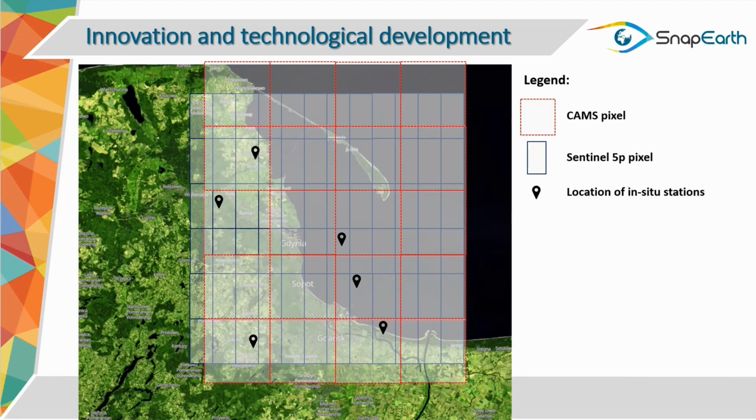So that's why, what is the innovation and technology development? As I said, we have a few data sources, so we want to combine them and create better quality than we have from the raw satellite data, Earth observation data.